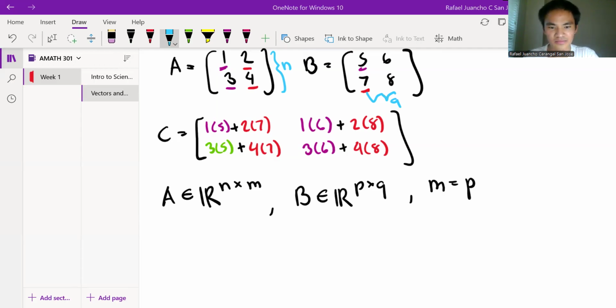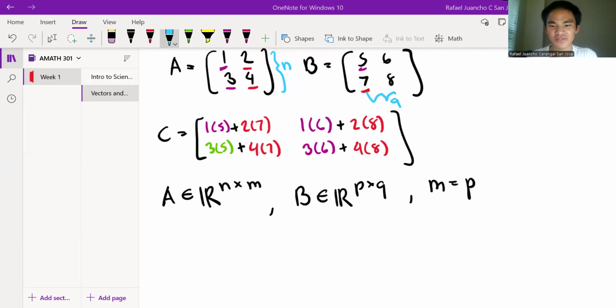So I'm gonna ask, can you generalize that? I want to see a general. Oh, so it's only columns of A which should be equal to rows of B. I'm gonna ask, do rows of A have to be equal to columns of B?